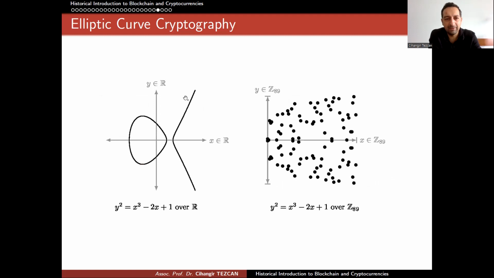Since the pictures I showed you are using the real numbers, we had infinitely many points. But of course, we are going to use these points in our example, so we need finitely many points. For this reason, instead of working over R, we are actually working over a finite field; in this picture it is 89, but we are going to use finite elements.